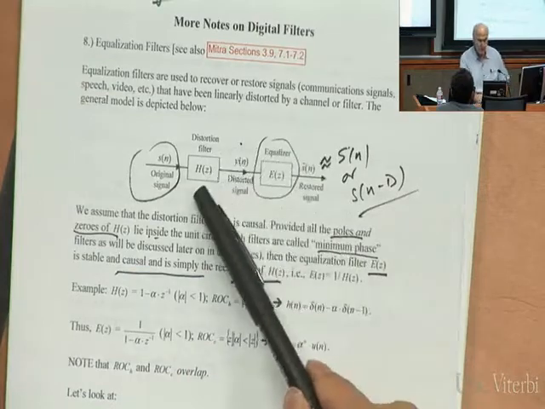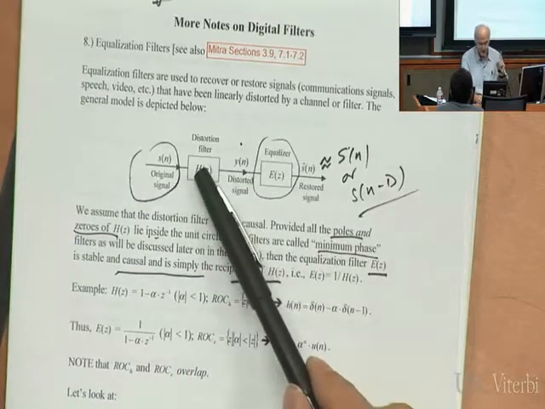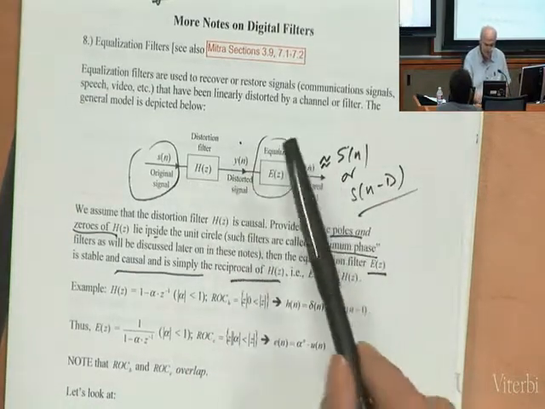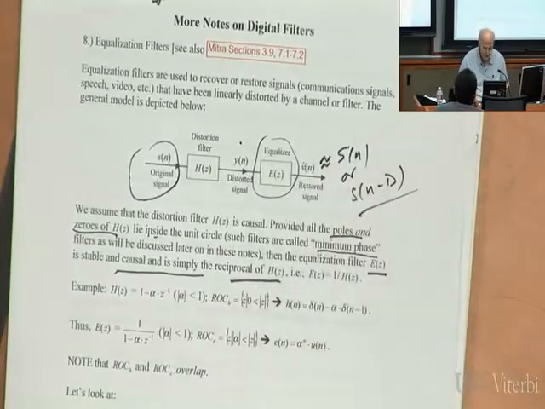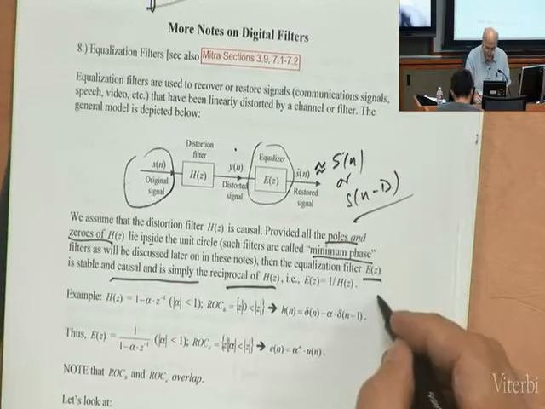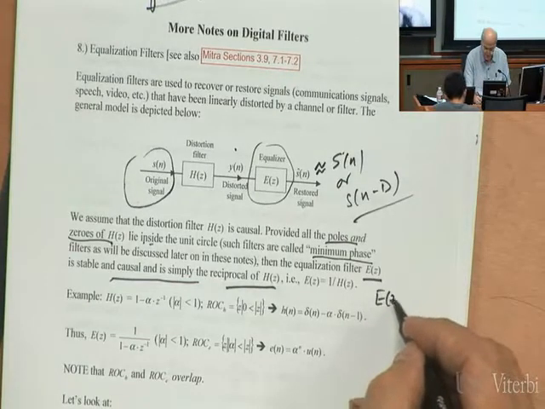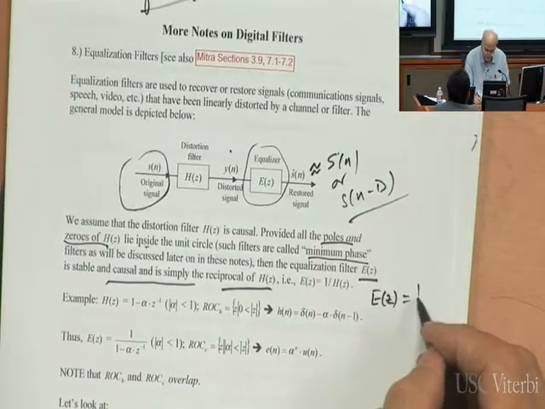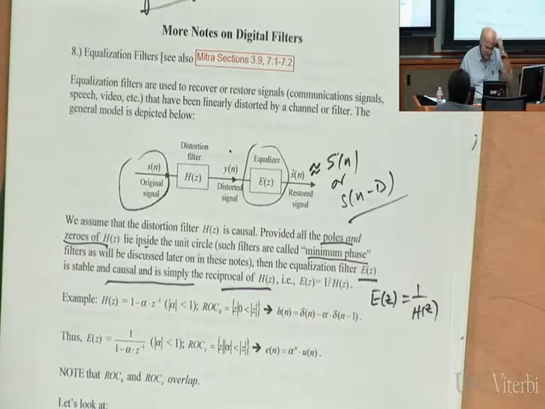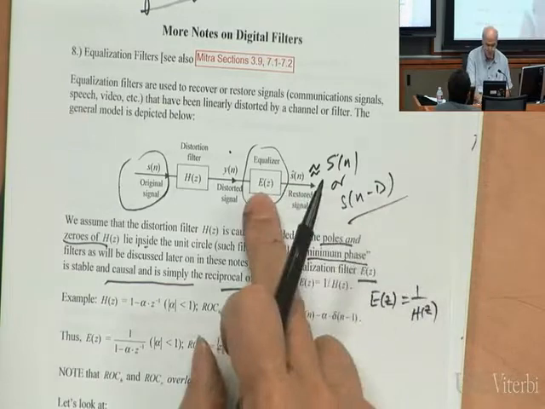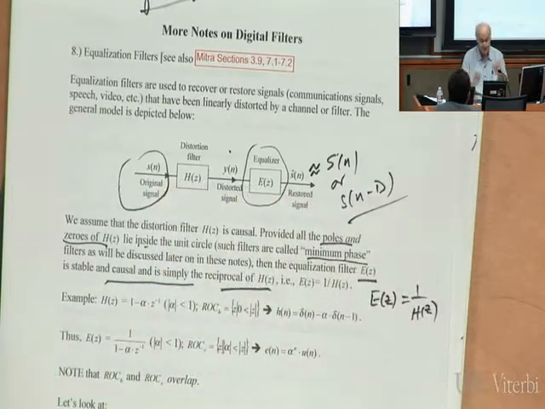Well, if the poles and the zeros of H lie inside the unit circle, then you can build a stable causal equalization filter. And what is that filter in the z domain? It's very simple. It's just what you would expect it to be, 1 over H of z. So you say, well, that makes sense. If this is 1 over H and that's H, you combine them together, you get 1.